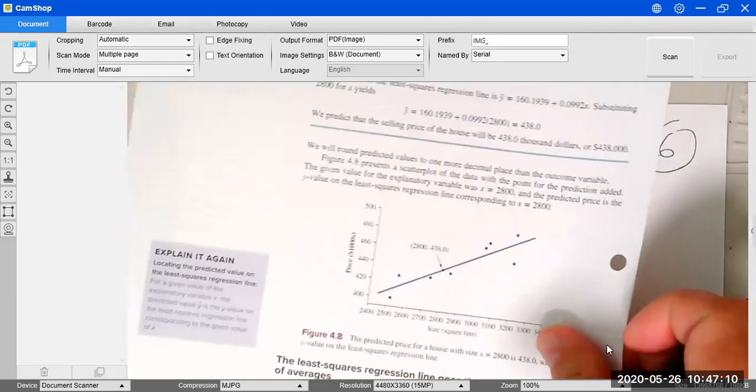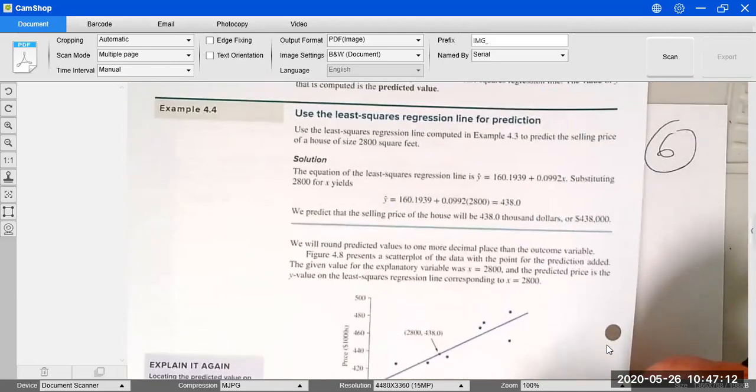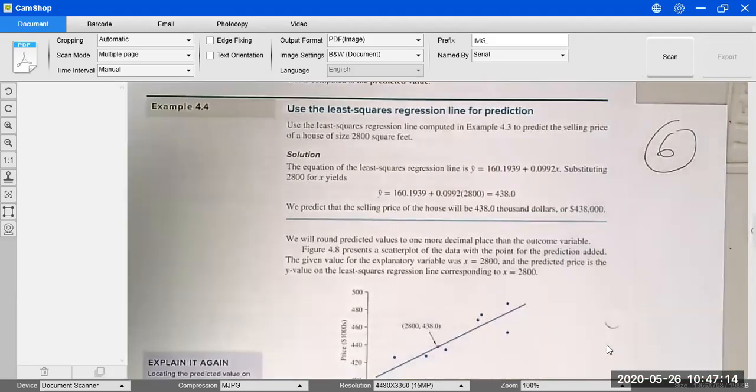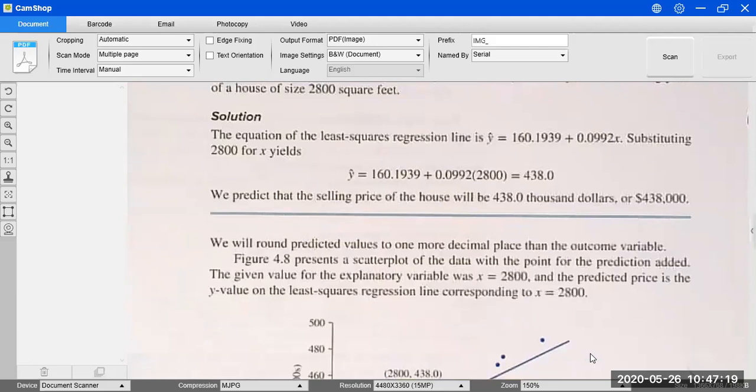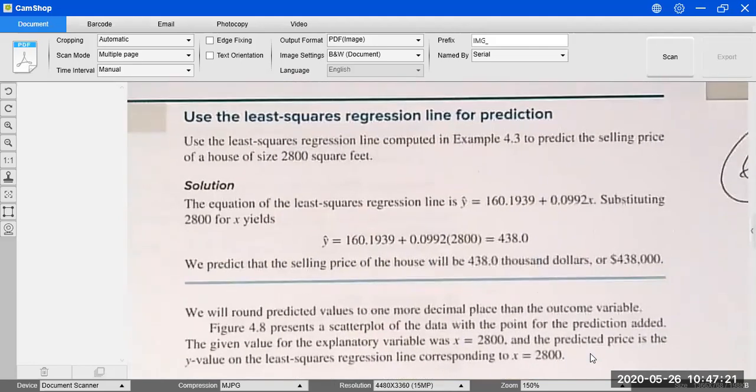So we're going to use now the least square regression line for prediction. Let's work on this example, and then you're going to have everything that you need to work on this one.